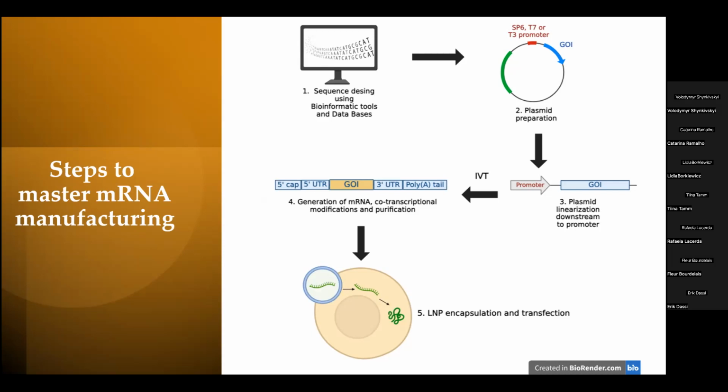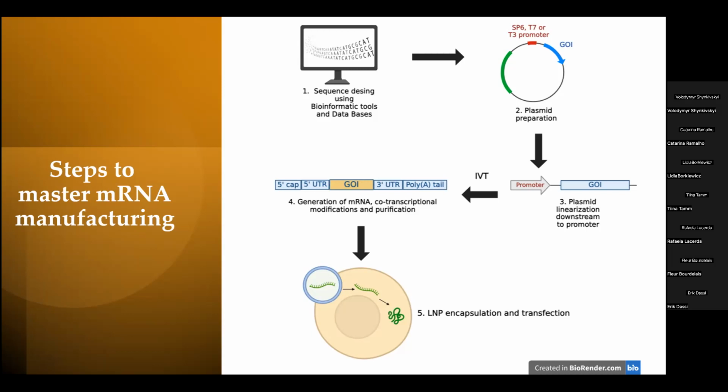There are many commercial kits, as I said, where we can generate the mRNA that we can either use as it is after purifying, or we can add co-transcriptional modifications such as the 5' cap or the 3' poly-A tail to enhance mRNA stability and protein translation efficiency later in the mRNA transfection step.